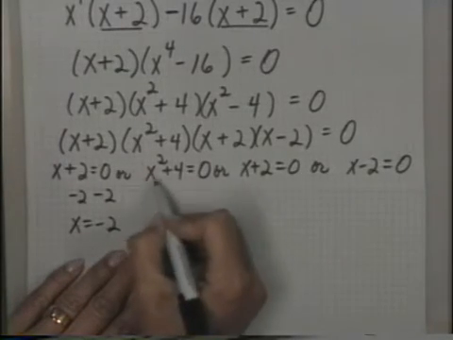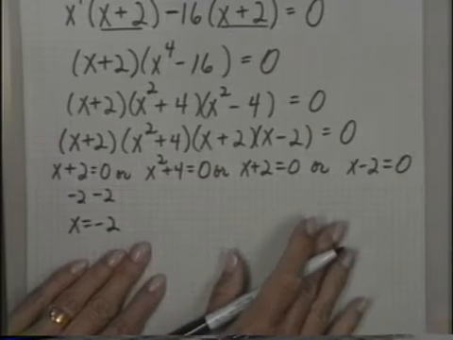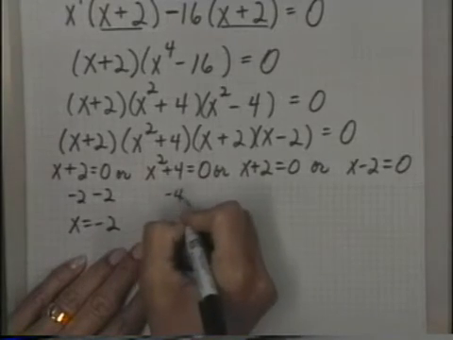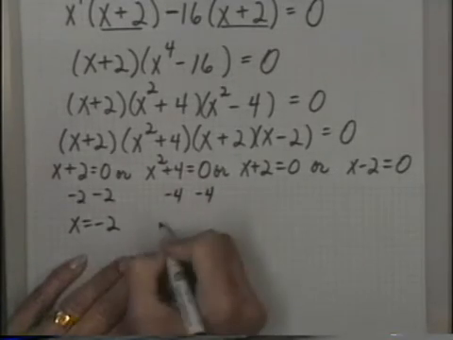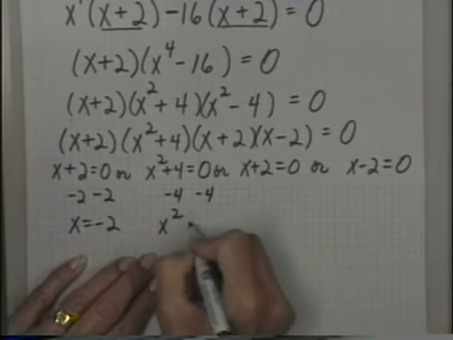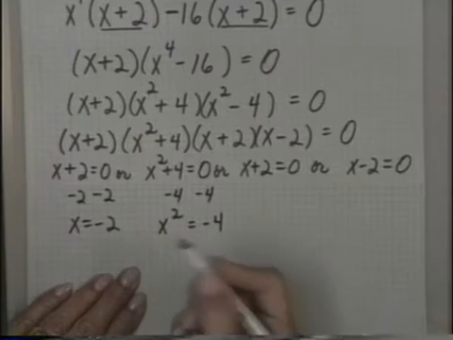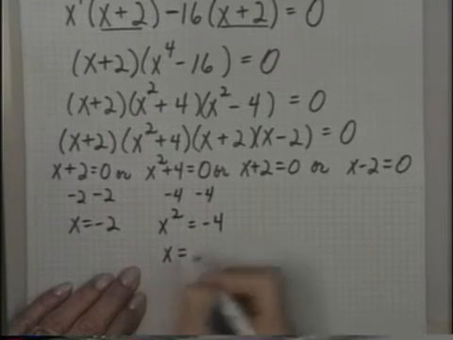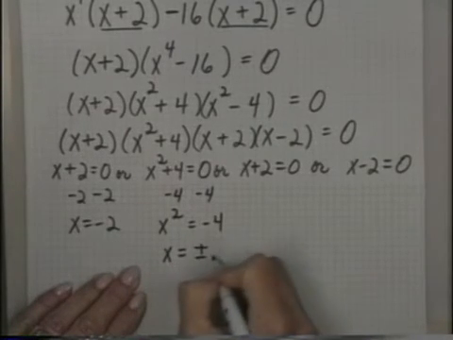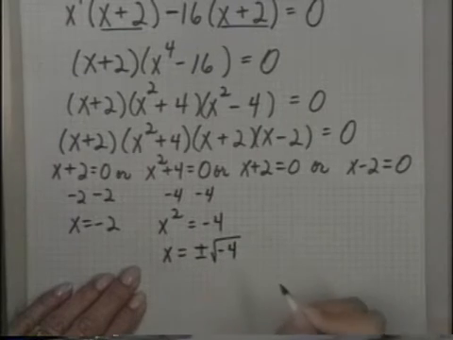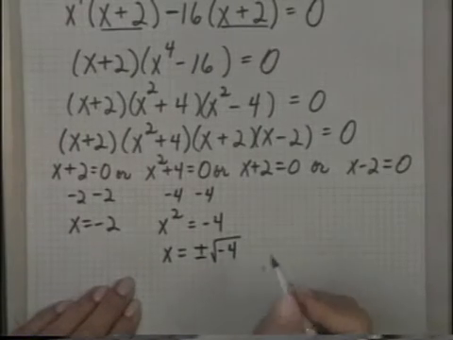To extract roots, I want to isolate the x squared. To isolate the x squared, I want to subtract 4 from both sides. I get x squared equals negative 4. My extraction of roots property says that my x solutions will equal plus or minus the square root of negative 4.